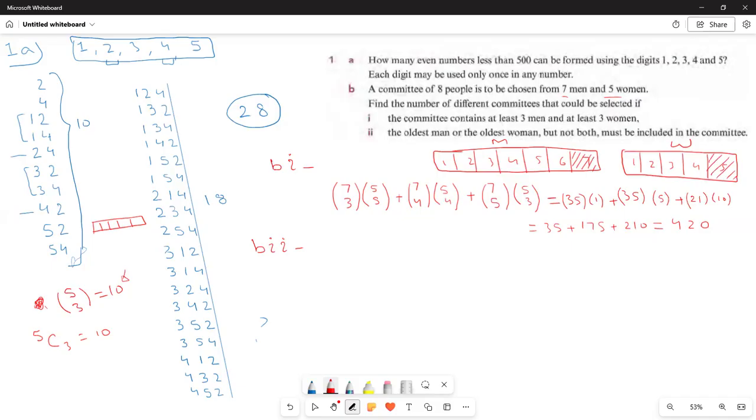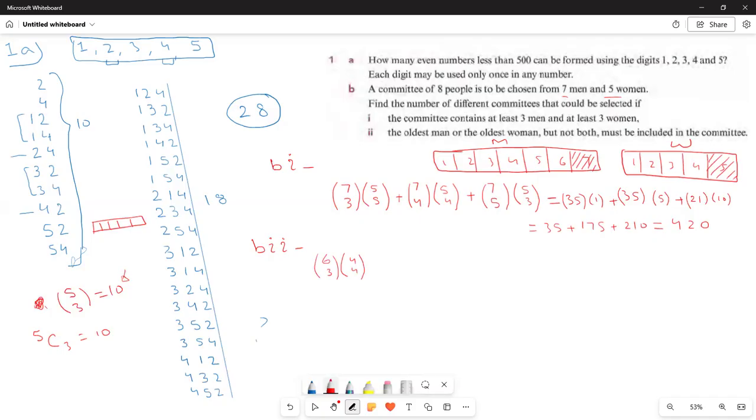And when I want 4 men, then one is the oldest one, definitely. So I have to choose 3 men out of 6. So 6 combination 3 is the way I can select 3 men out of 6. And then the seventh is already included, the oldest person. Okay. And now I need to include the 4 women out of 4, because I don't want to include the oldest woman. So this is 4 combination 4. And of course, this is going to be 1.